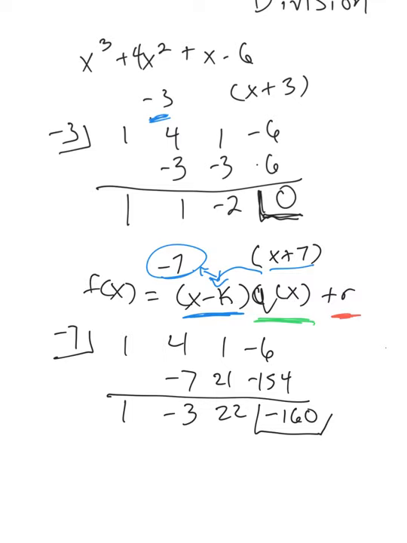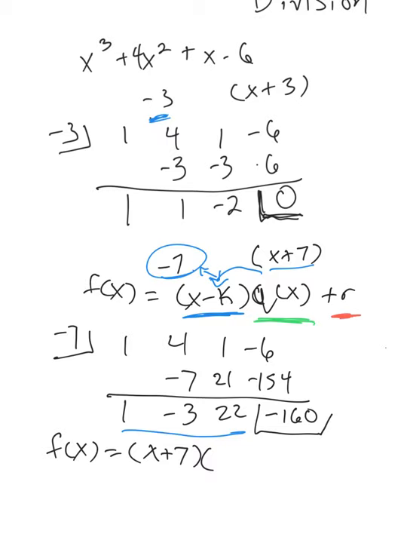There, and we would write it as f of x equals x plus 7 times q of x. Q of x is this out here, and we'll go in descending order. So the 22 would be a constant, the negative 3 would be our x, and the 1 would be our x squared.